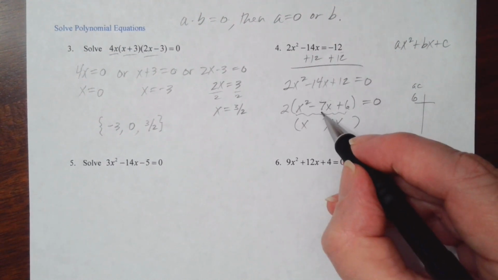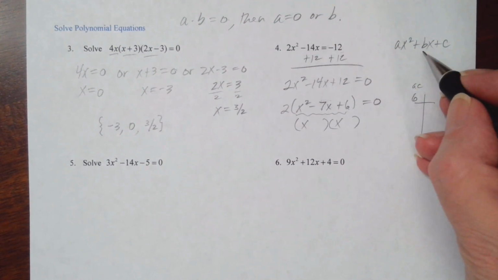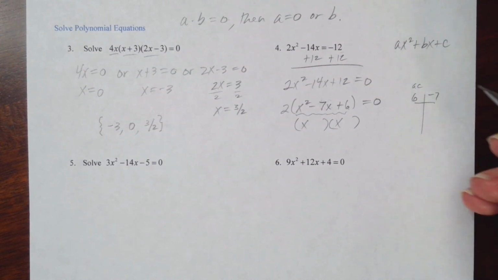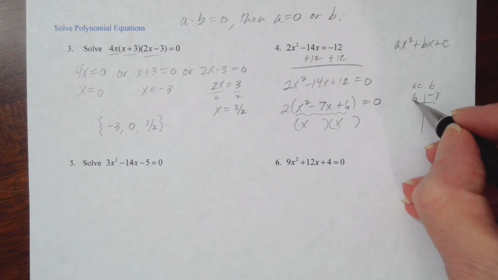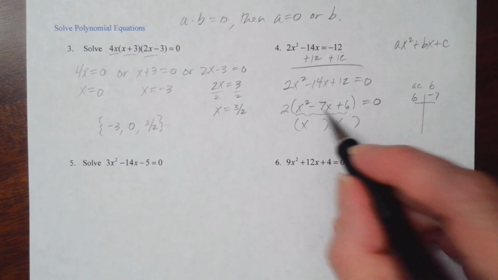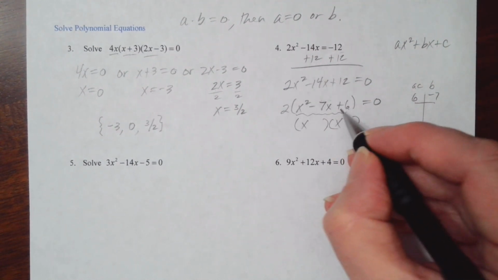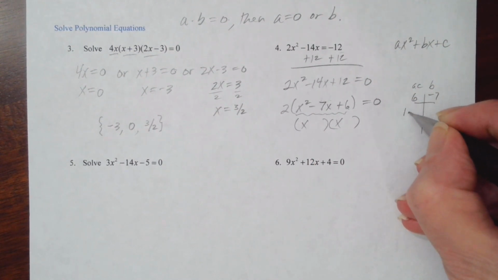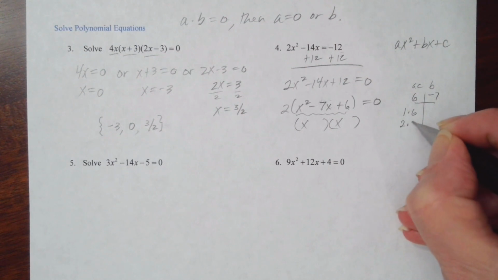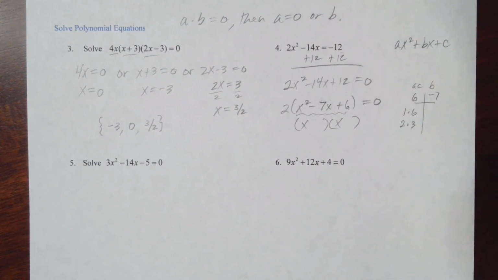And then our B term is negative 7. It's just the x term. So we need two numbers that multiply to 6 and add to negative 7 to do a problem like this where you have a 1x squared.